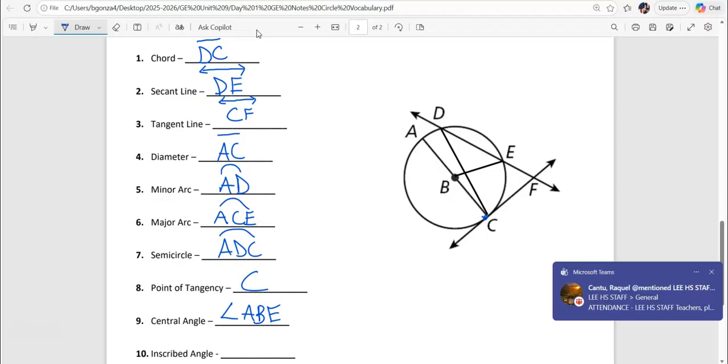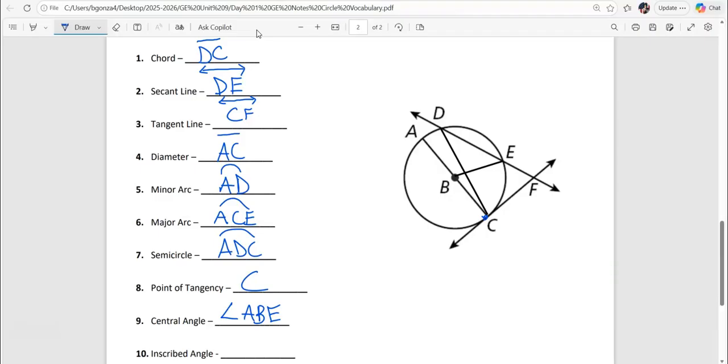Last one, inscribed. Now, in the back, you were describing this next one. Inscribed is inside the circle on the edge. So instead of having the vertex in the middle, now you're thinking of which angle is literally on the edge. So let me show you a few edge angles. A, C, D. Do you see how that's on the edge?